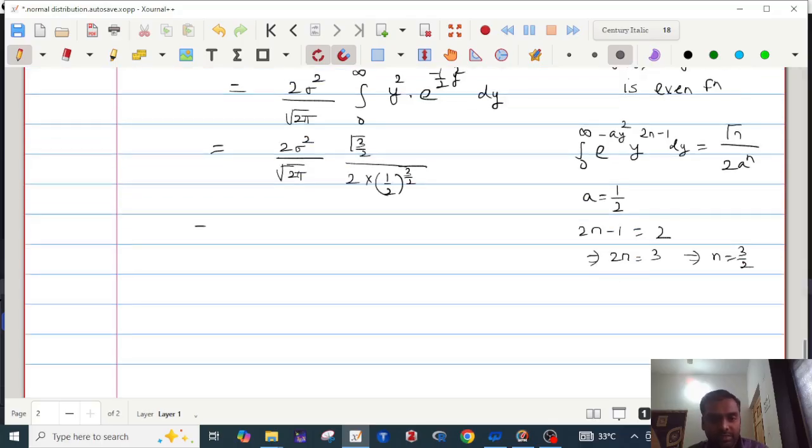So solve this, 2 upon root 2, or you may cancel this 2 to get cancelled. So what remains? This is sigma square upon under root 2 pi. Gamma 3 by 2 is 1 half into gamma 1 half. 1 half raised to 3 by 2.